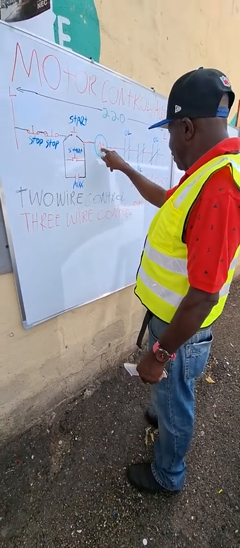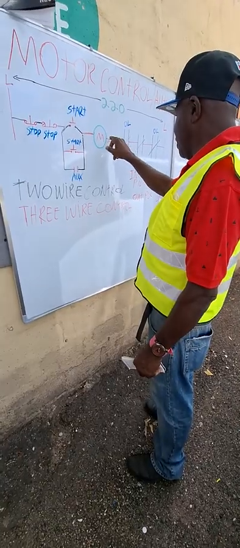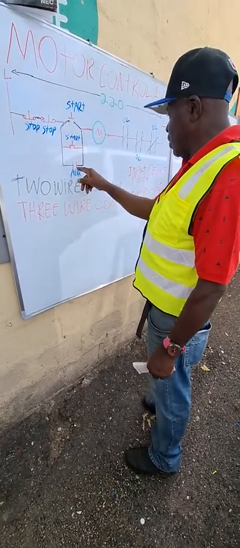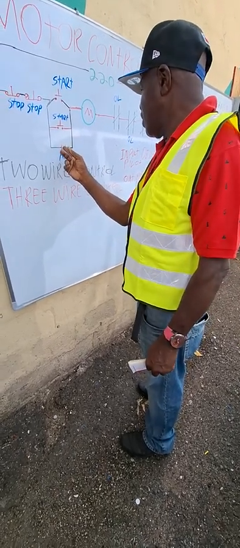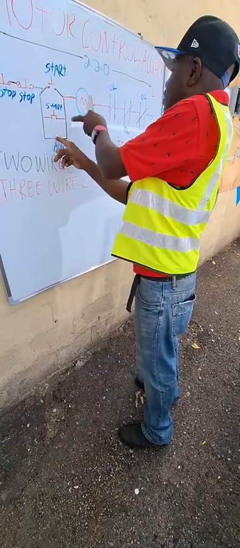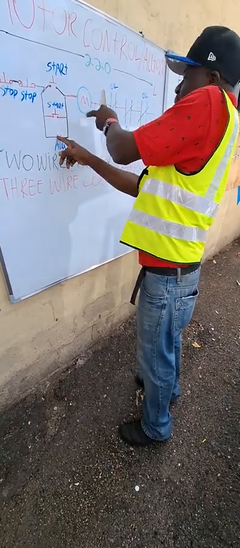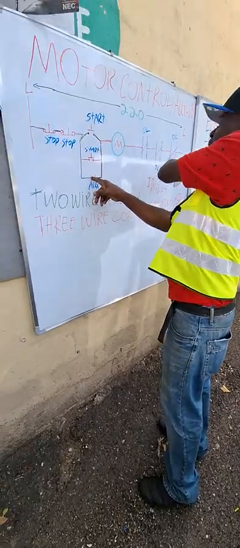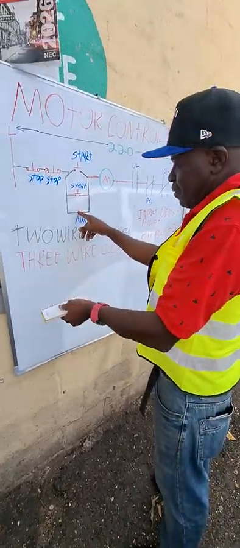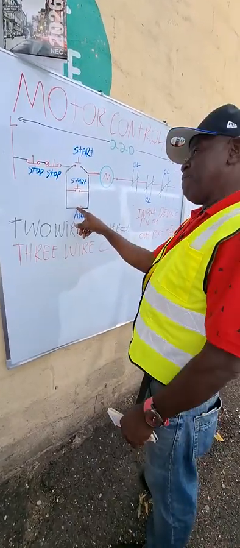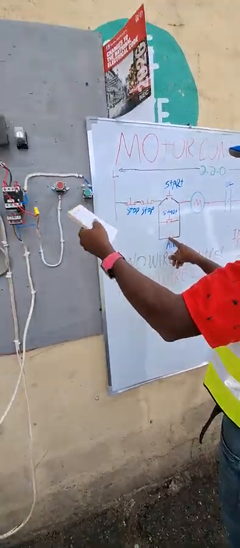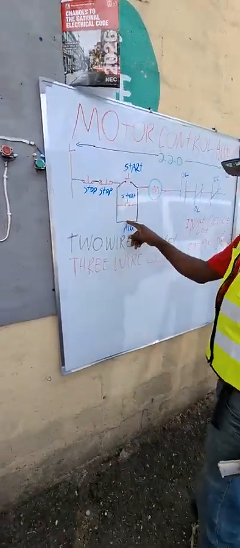The coil in turn causes the latching relay, which is this auxiliary contact, to close. When it closes, it sends power across and closes the control circuit, and power goes through to energize the coil, and then the coil causes the contactor to operate, right?